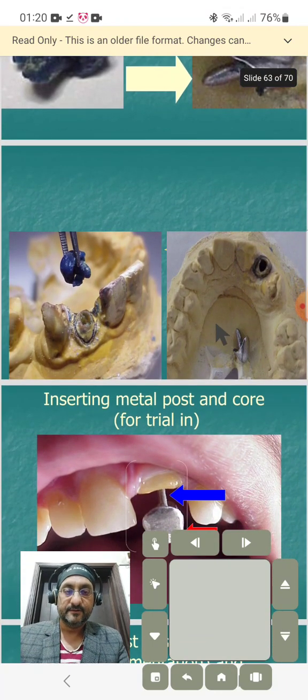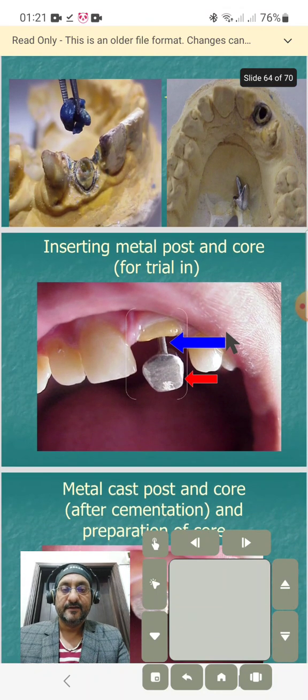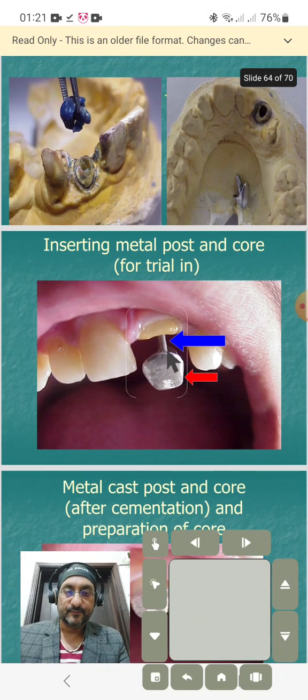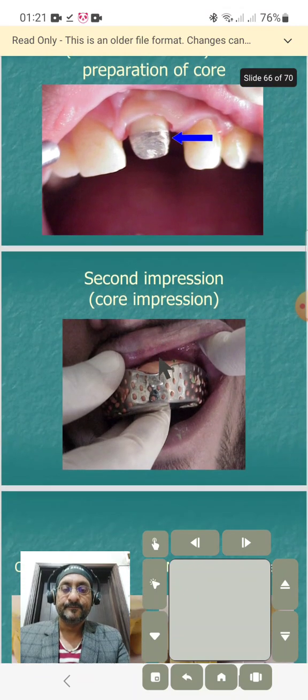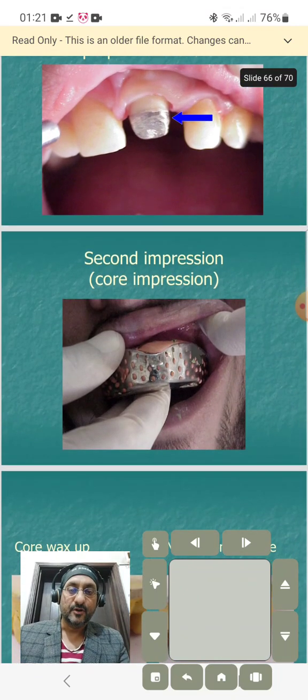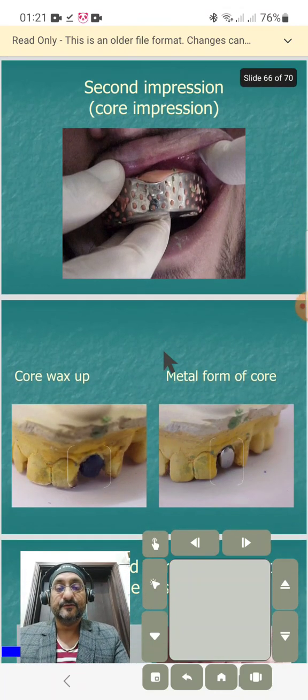Taken out for your convenience and learning, and we put this post and core for the trial stage inside the mouth, and we fix it with the help of luting agent, and we trim it and shape it and do some crown shaping and preparation, and we take a second impression now only of the core. The first impression of the canal, now the second impression of the core.